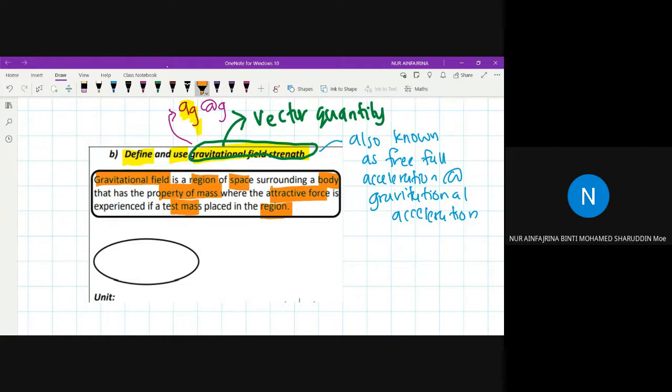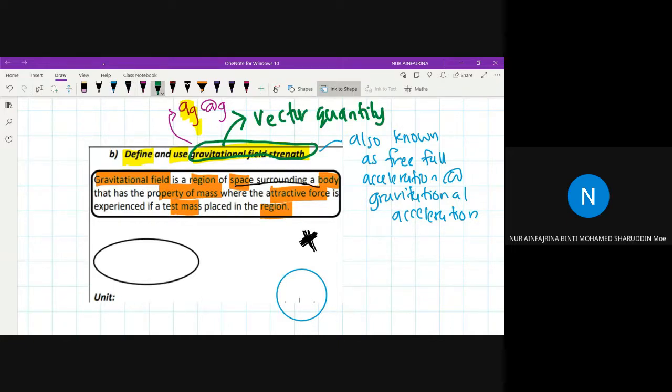Okay, sebelum itu, maksud dia senang sahaja. Contohnya, this is Earth, and then you have a satellite. Sekarang satellite ini berada dalam space surrounding a body that has a property of mass, yang mana dia akan ada attractive force.